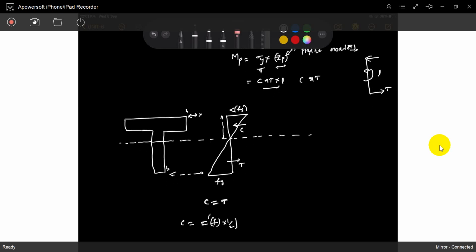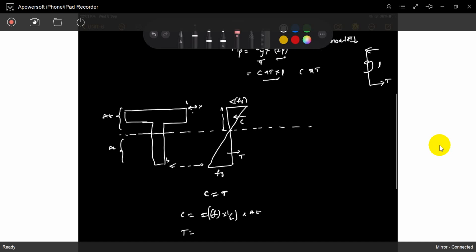This area is higher than that area, A top and A bottom. The tensile force is reaching Fy but the area is less, while in this area, which is higher, the stress is less. Both must be equal, otherwise equilibrium is not attained.